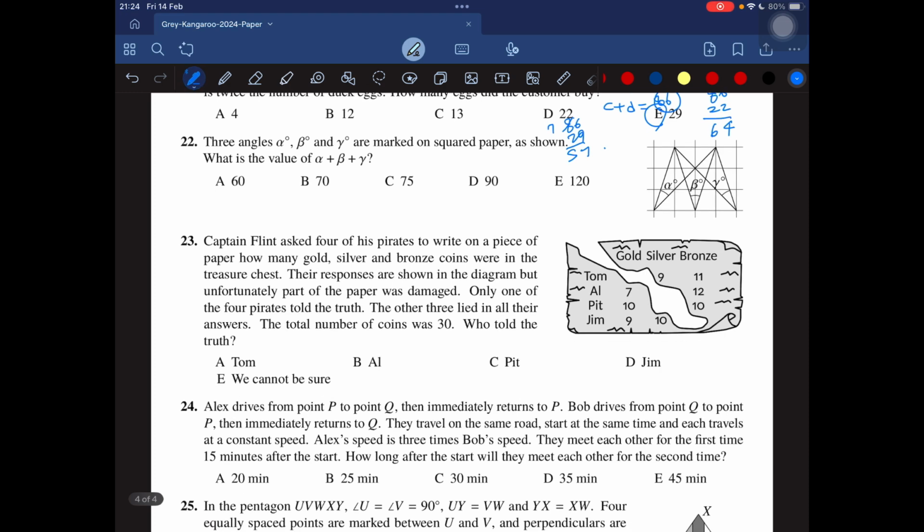Number 22, alpha, beta, gamma. So now, because those are isosceles triangles, so let me put alpha here, but actually it's the same as beta. Yeah, it's here, I mean gamma.